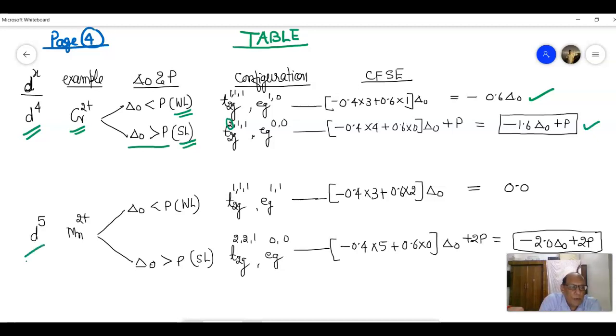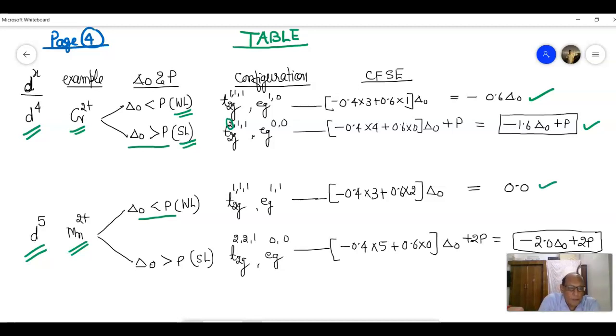Similarly, for d5, example can be Mn plus 2. Again, if delta O is less than P, weak ligand field, then the configuration will be t2g1,1,1 eg1,1 and CFSE comes out to be 0.